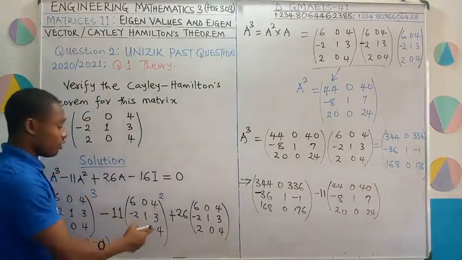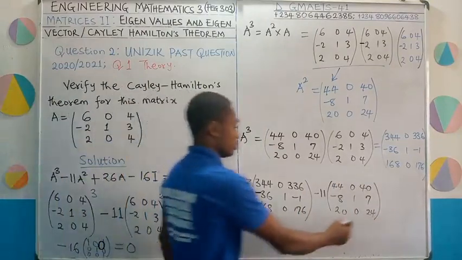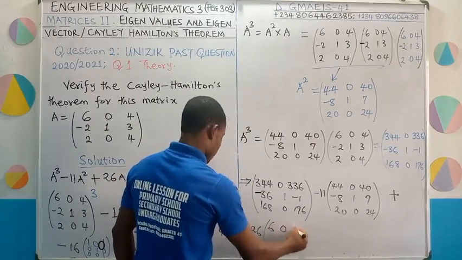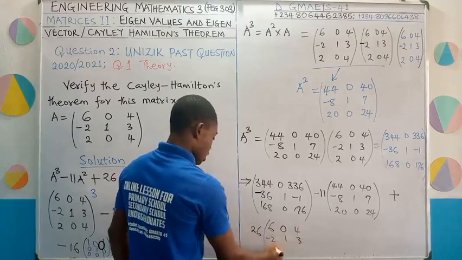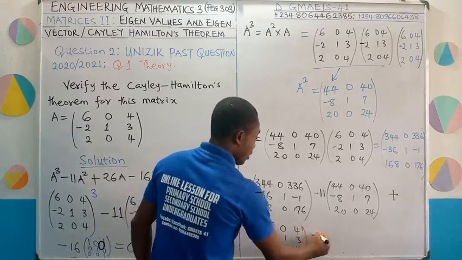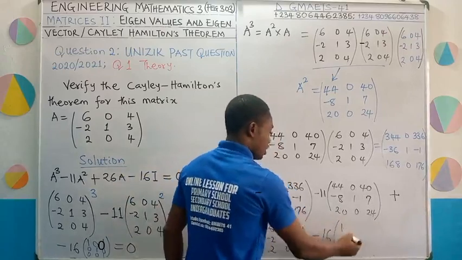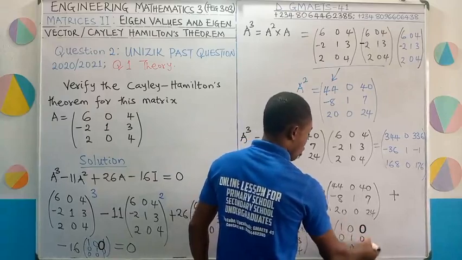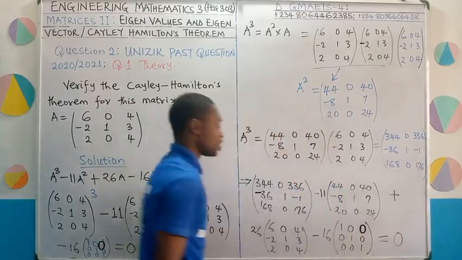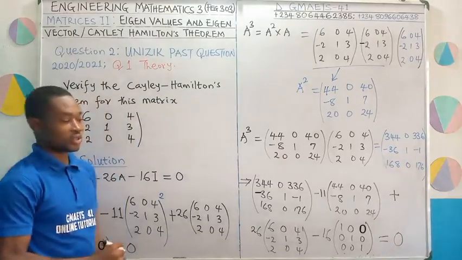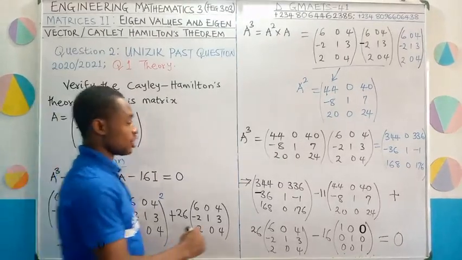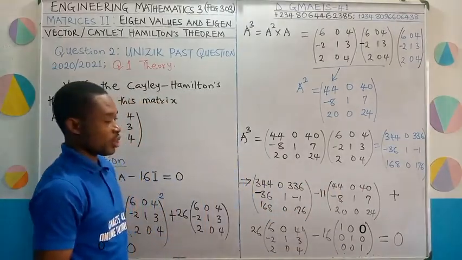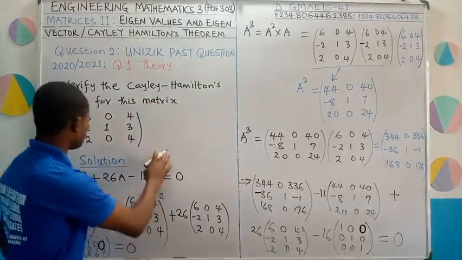Good. Now we'll move on to plus 26 times this term, that given matrix 6, 0, 4, minus 2, 1, 3, then 2, 0, 4, minus 16I. Once again, simplifying this, you should get a 0 matrix. Okay, so we are left with multiplying this term out and then carrying out this operation that we have here in the box to get 0. So let's do that and see.